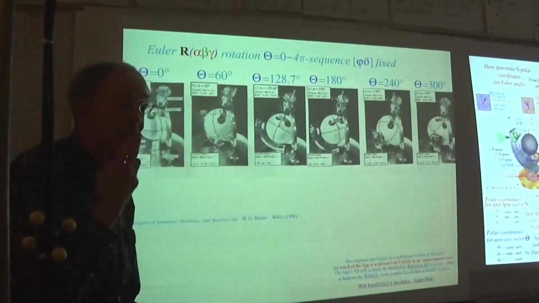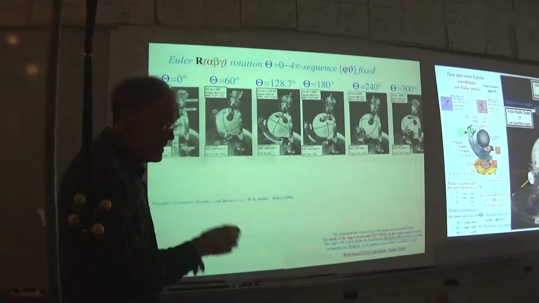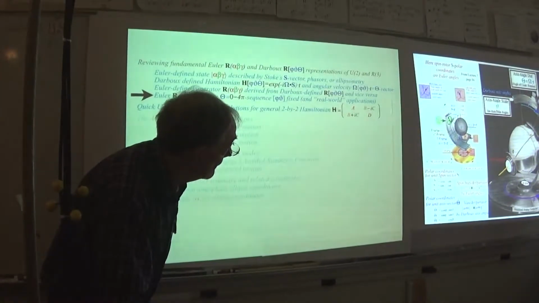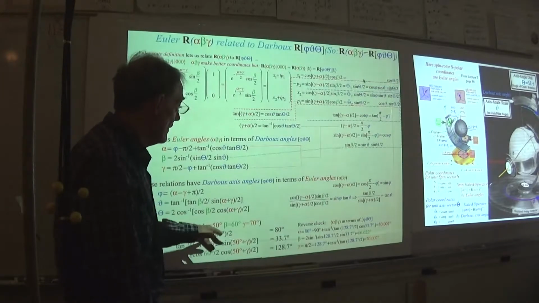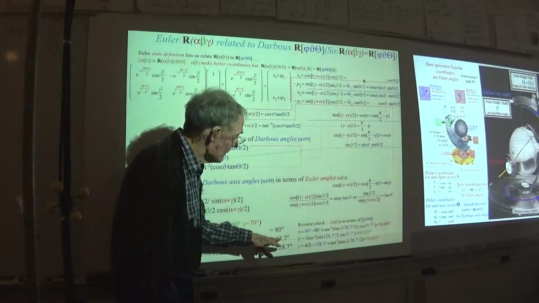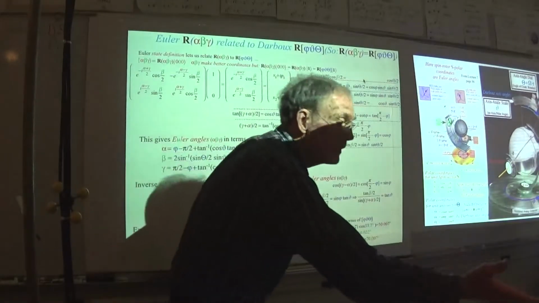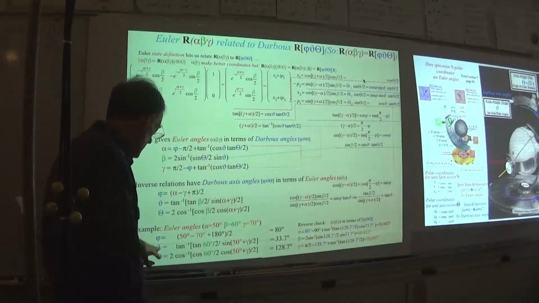Yeah, Jake. On the previous slide, when you were setting up all your angles, at the bottom where you set theta equal to 33, is there any particular reason the blue letter you have associated with it isn't theta?